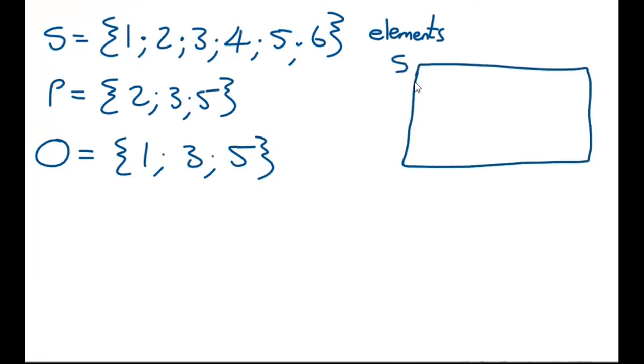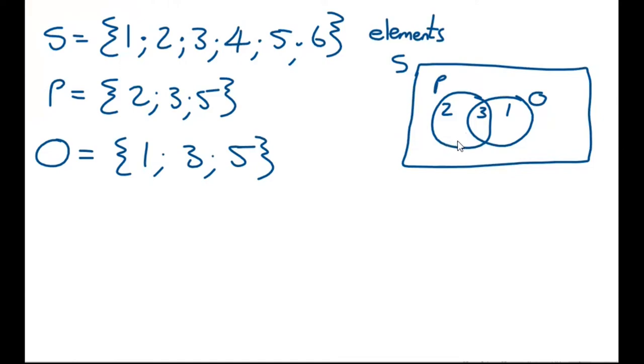So my whole sample space, I've got my prime numbers, I've got my odd numbers, and we're going to go through the list. 1 is an odd number, but it's not prime, so it's going to go in the O only part. 2 is a prime number only, so that goes into the prime only part. 3 is prime and odd.